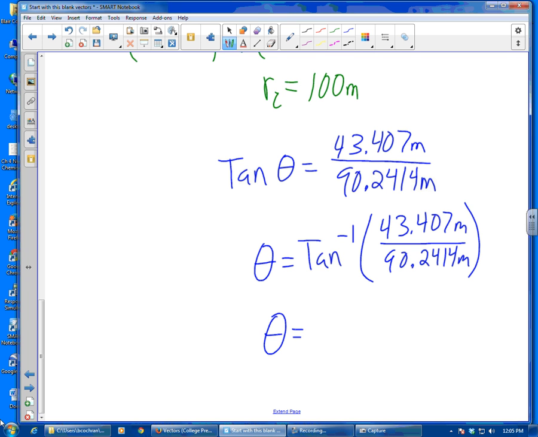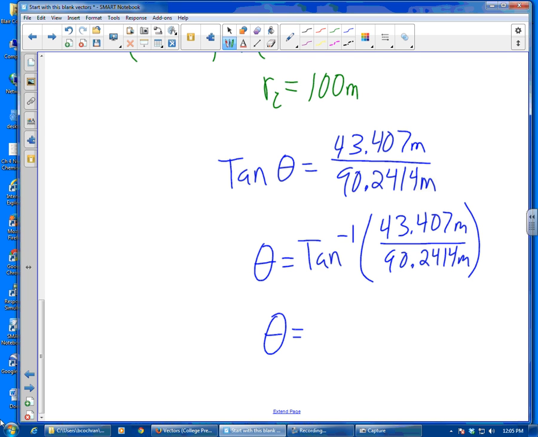Well, mathematically, to get anything onto the other side, to get something out of a function, I have to do the reverse function. Like if I have two numbers added, to get one of those on the other side, I have to subtract. If I have two numbers multiplied, I have to divide. Well, when I have a tan theta, to get theta out, I need to do the inverse function of tan, which is either known as inverse tan or arctan, and can be symbolized either by tan to the negative 1 or atan, depending upon your marking system.